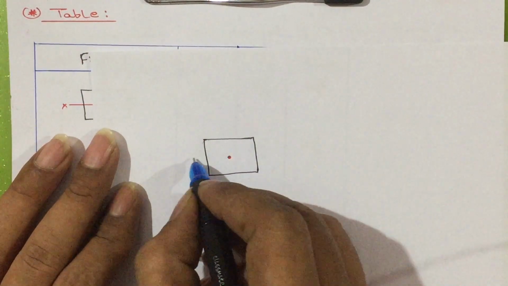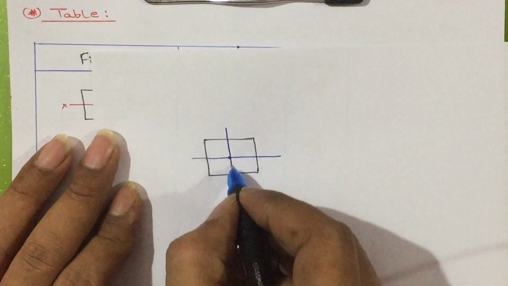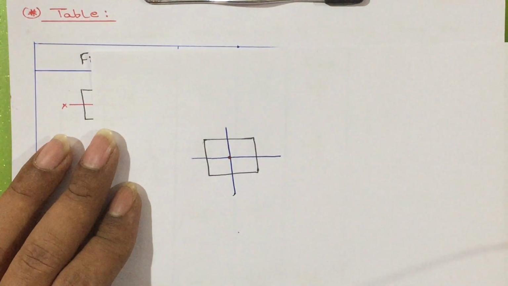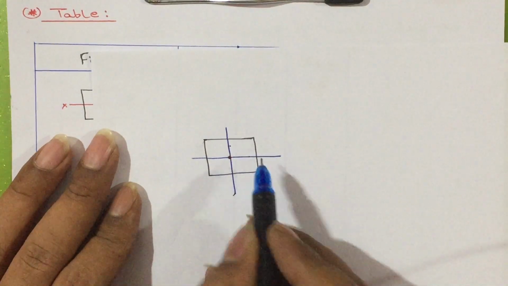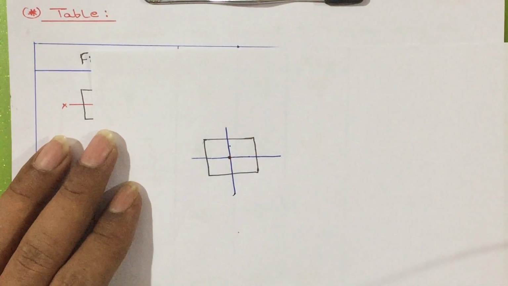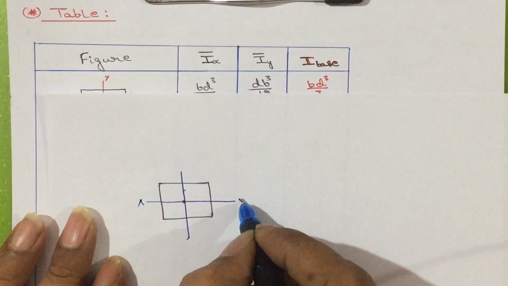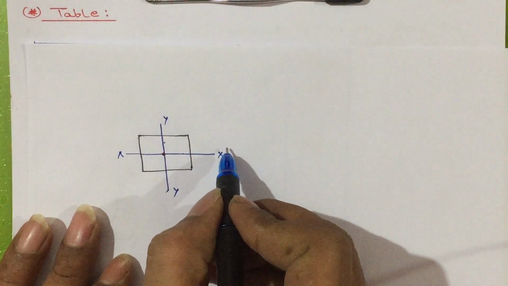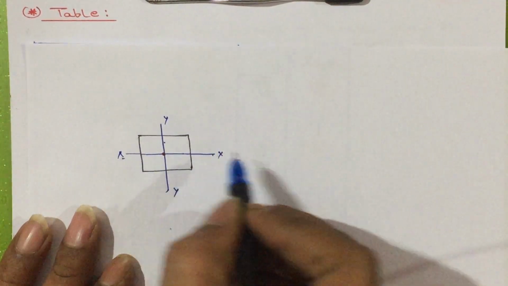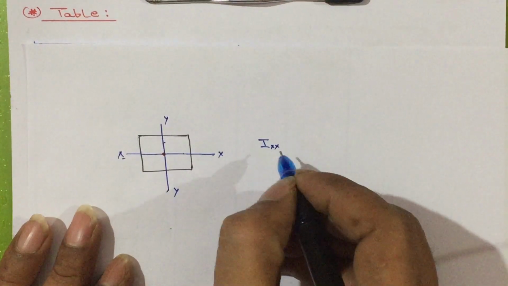If any axis or any line passing through that centroid, we are going to call that one as centroidal axis. So, let it be x-x axis, this will be y-y axis. The moment of inertia with respect to x-x axis is Ixx.